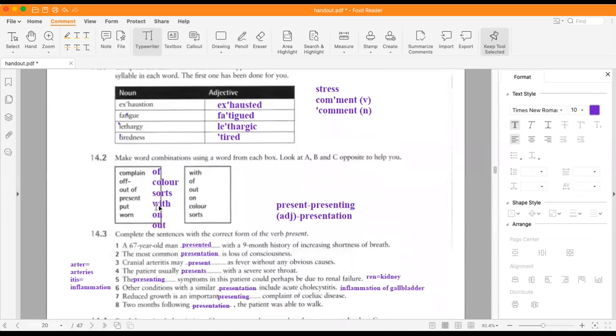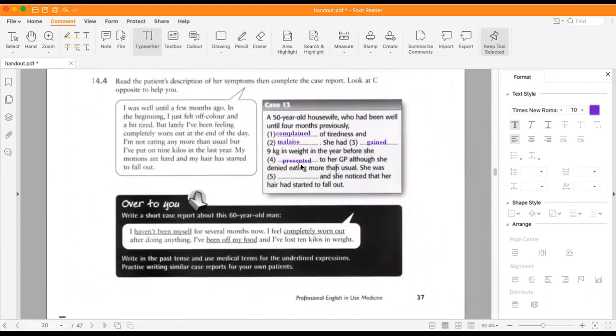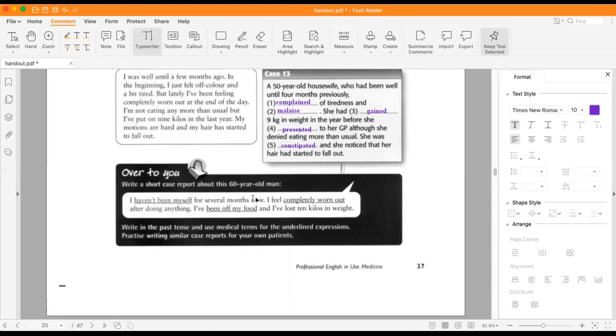We say present with and then the problem, or we say present to the doctor, all right? So she presented to her general practitioner, although she denied eating more than usual. She was constipated, since she said my motions are hard, and she noticed that her hair had started to fall out. All right.